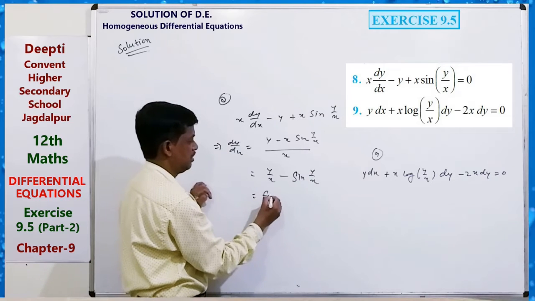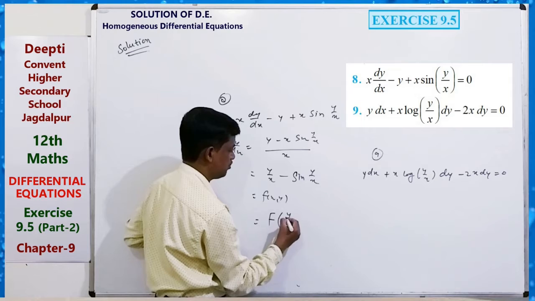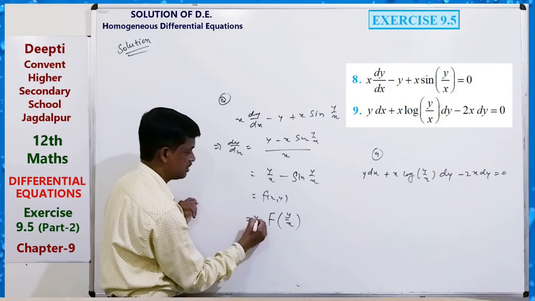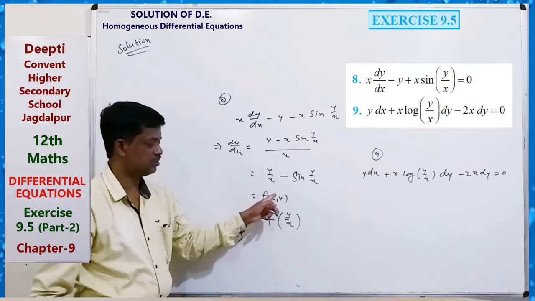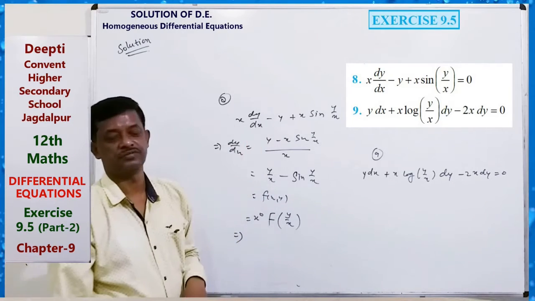This is f(x,y), which can be considered as a function of y by x, so it can be written as x to the power 0. This implies it is a homogeneous function of degree 0.